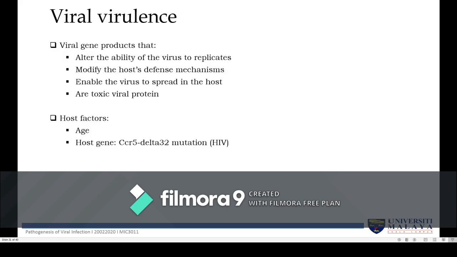Okay, so viral virulence, a little bit more information on that. It depends on the viral gene products. Some of them can alter the ability of the virus to replicate. Some gene products can modify the host defense mechanism.